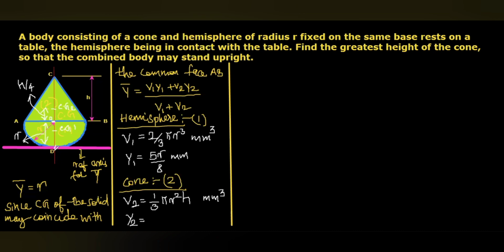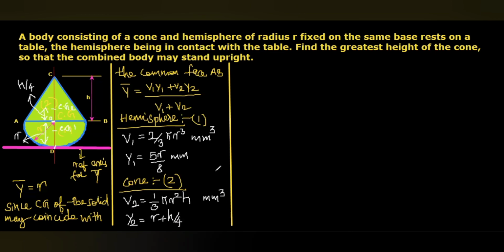So from this point D to the center of gravity 2, that means the center of gravity of the right circular cone, that distance is r plus h by 4.